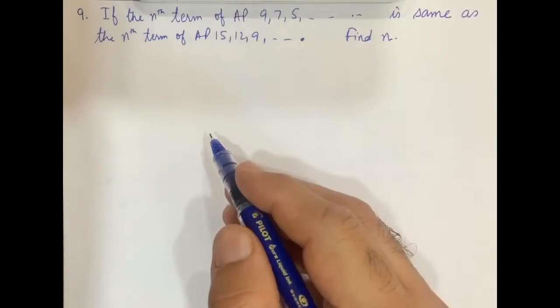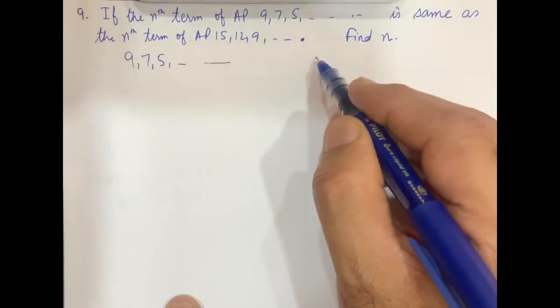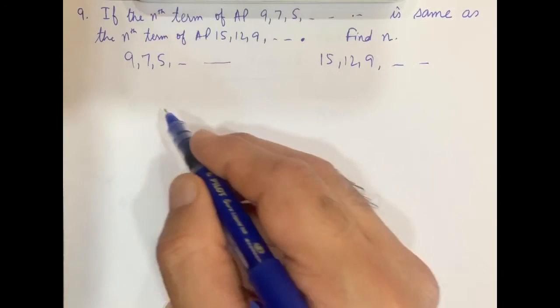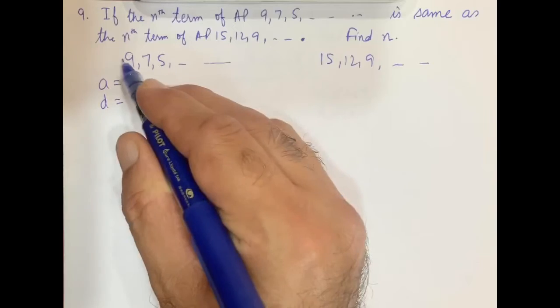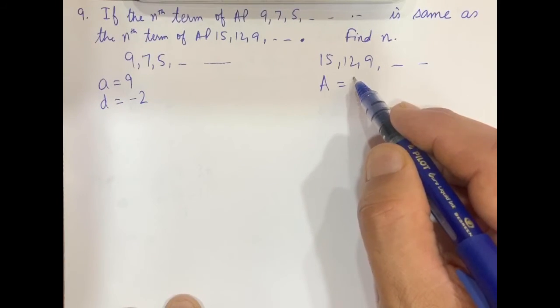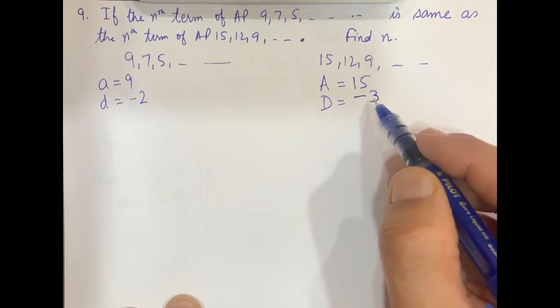In this question we are given 2 APs: 9, 7, 5 and so on, and the second one is 15, 12, 9 and so on. So let's write: first term is 9, common difference is 7 minus 9, that is minus 2. Here first term we write with capital A, it's 15, and common difference is 12 minus 15, which is minus 3.